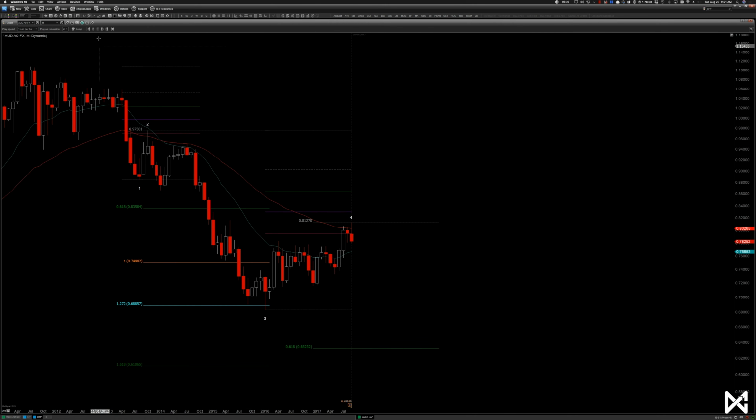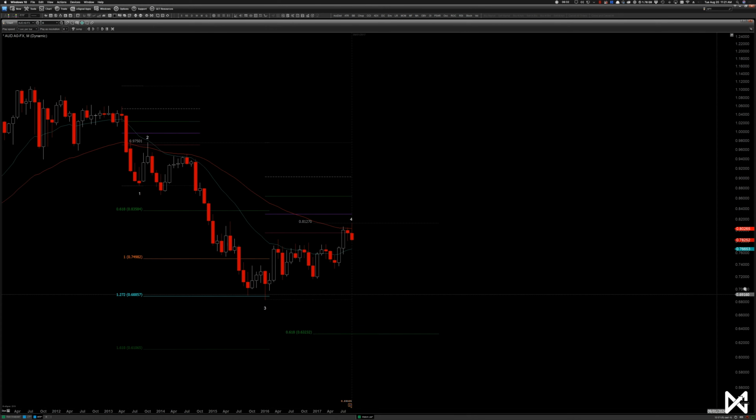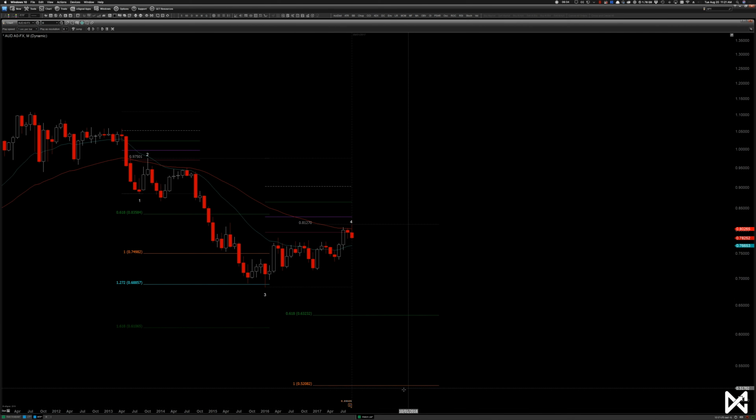So let's see what happens in this case. And sorry, the last potential target will be 1.0, and this will be like an extended wave 5. So previous lows, good target. 0.618, I would say the best target. 1.0 would be like an extended target. In this case, let's see what happens.